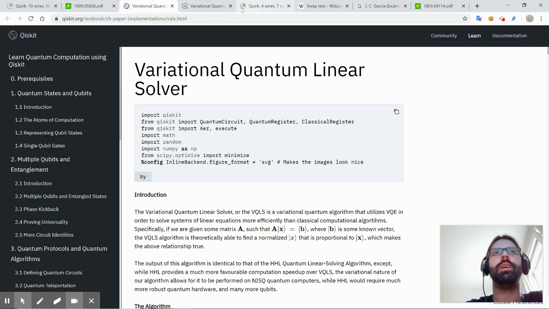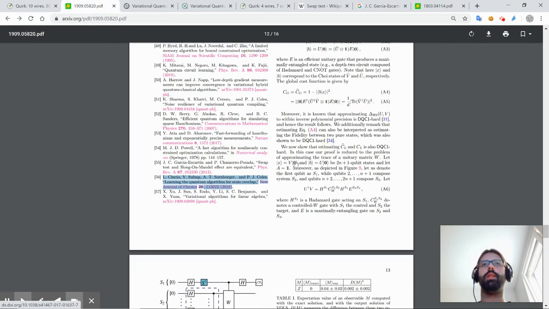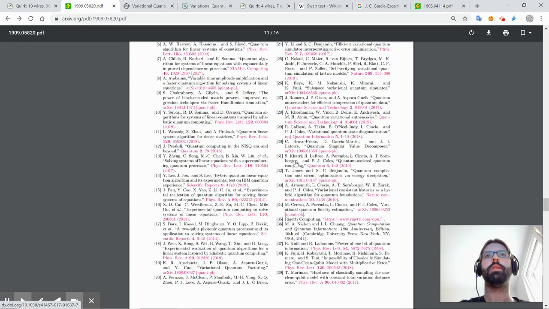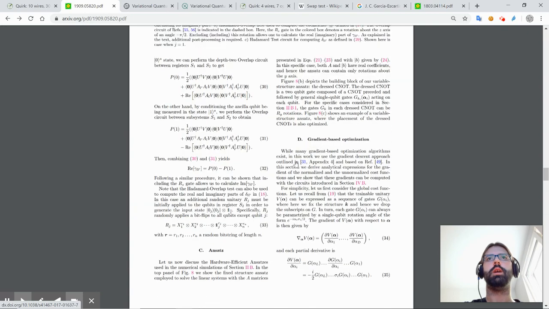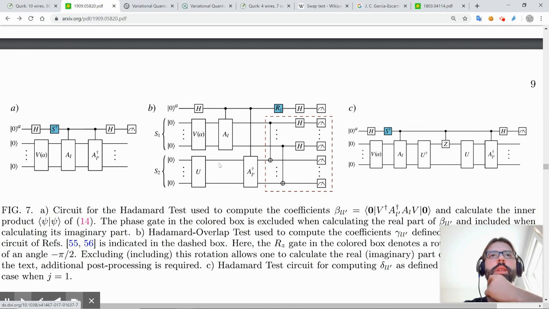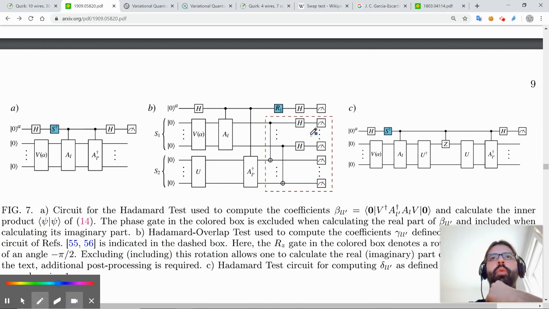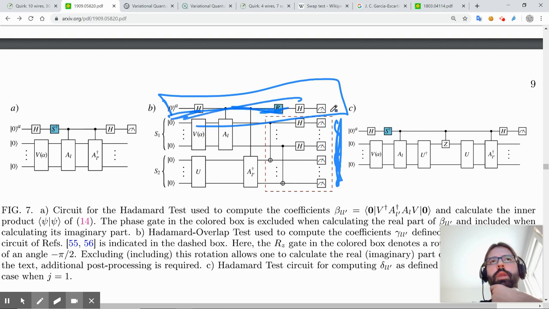Now I get it, but that's my whole point all the time: I would rather approach this by figuring out a way to represent the matrix A, and multiply these. My question is, why isn't this a cost function? Why do we need that Hadamard test in here? You know what I mean?